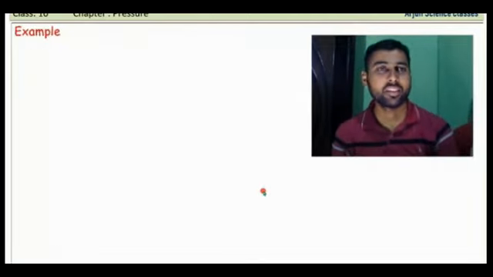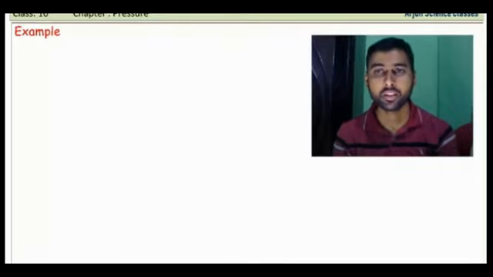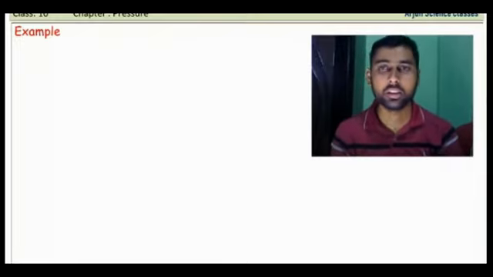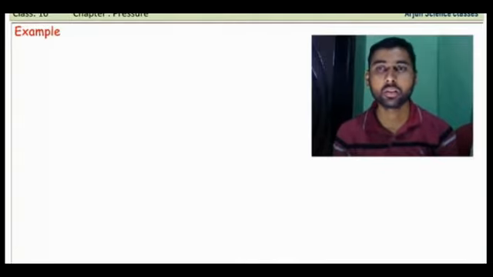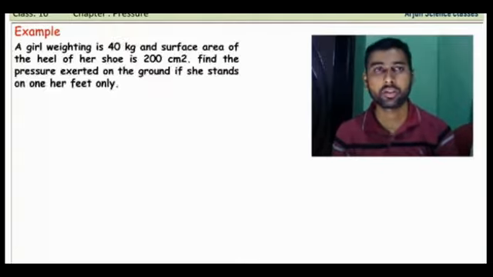Dear students, now I am going to solve two numerical problems related to this chapter, and we have already derived the formula in the previous class. A girl weighing 40 kg, and the surface area of the heel of her shoe is 200 cm square.